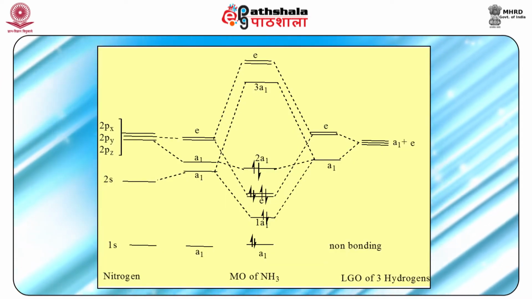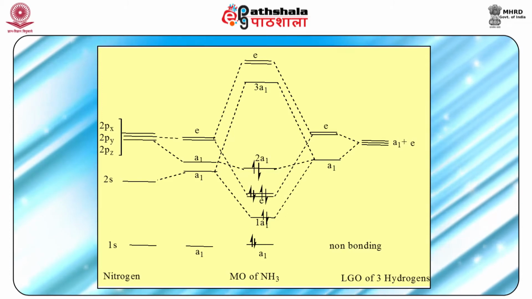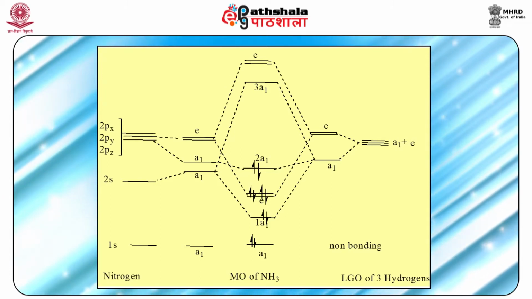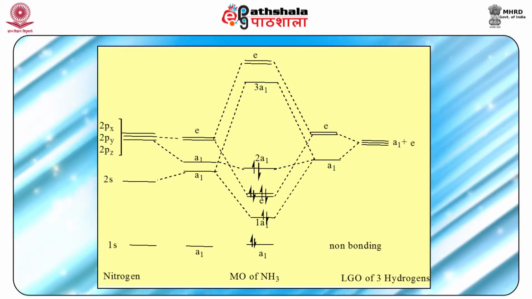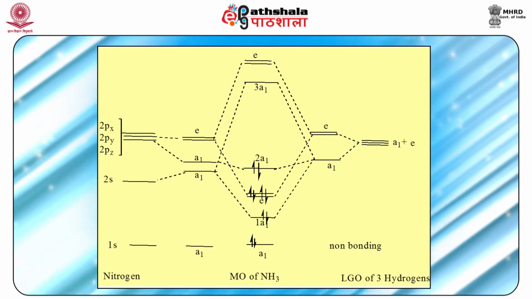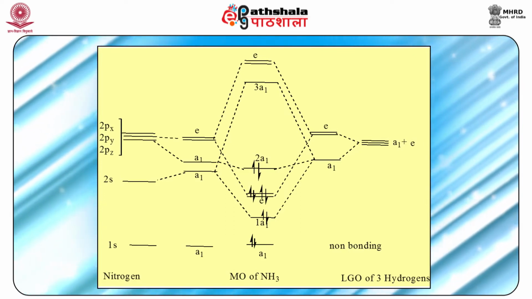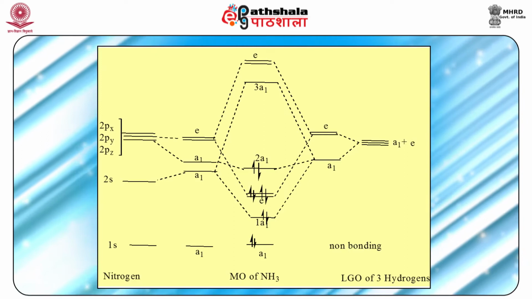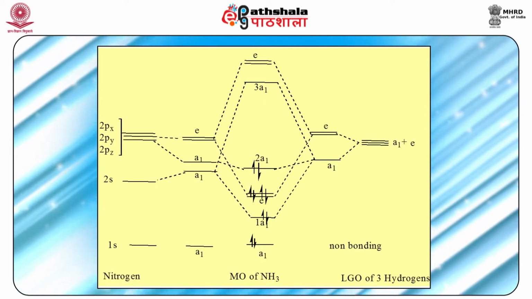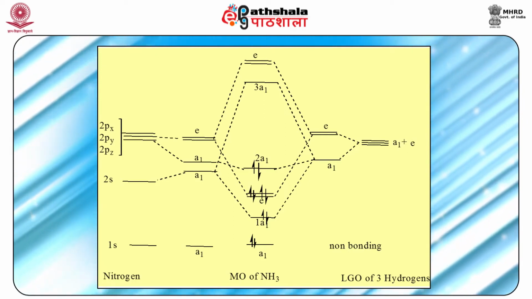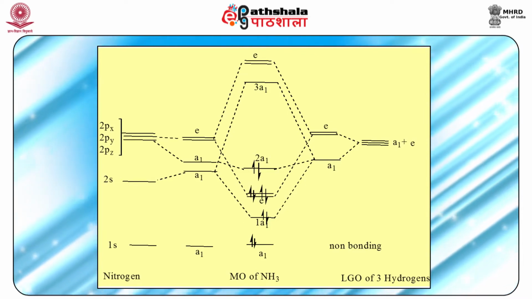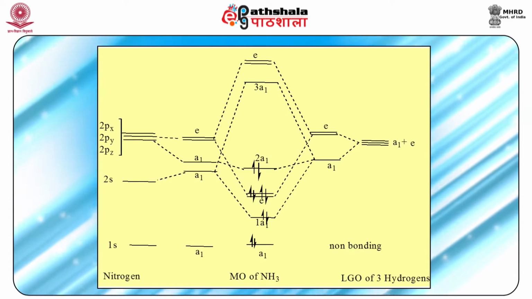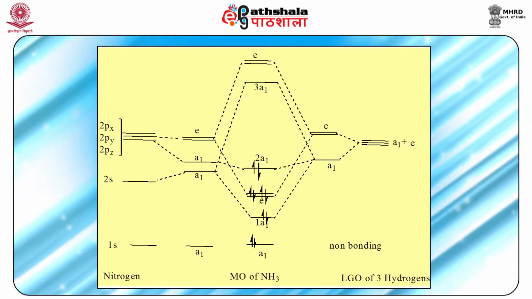Now in this diagram, on the left hand side nitrogen is there, the orbitals are 1s, 2s, 2pz, 2py, 2px, and the orbitals are A1, A1, A1 and E. On the right hand side, the LGOs of the 3 hydrogens are A1 and E type, and after matching we get bonding and anti-bonding molecular orbitals and also non-bonding orbitals.